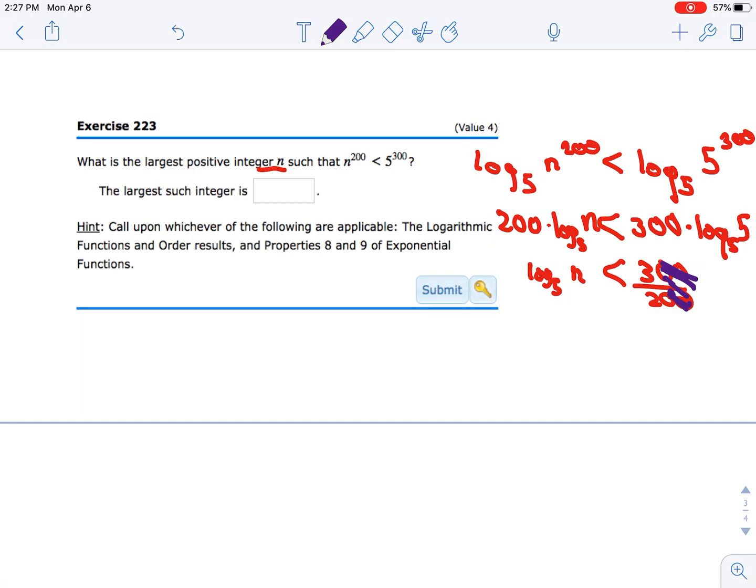Log base 5 of n is less than 3 over 2, which as a logarithmic equation, let me rewrite it down here: if log base 5 of n is less than 3/2, what this is basically saying, of course, is that n is going to be less than 5 to the power of 3/2.